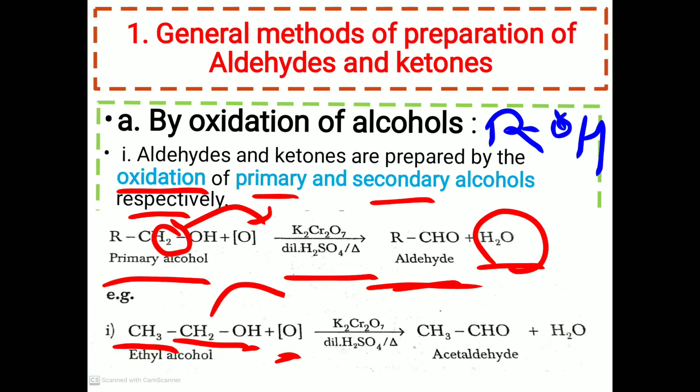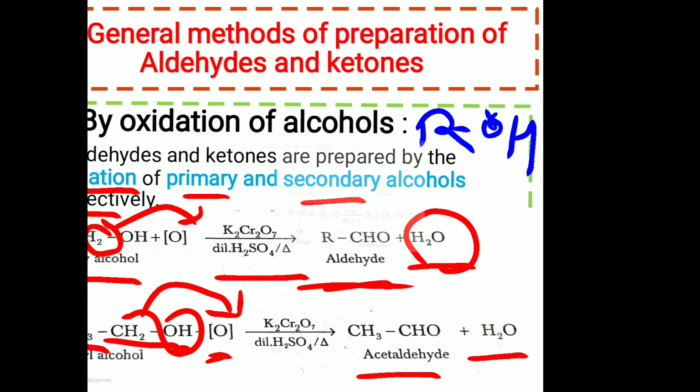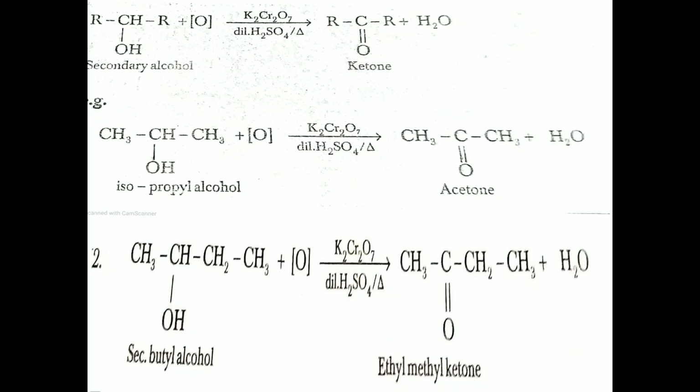This hydrogen reacts with the oxygen, forming the byproduct H2O, a water molecule, and we get CH3CHO, that is the aldehyde, named acetaldehyde. This is for the primary alcohol.